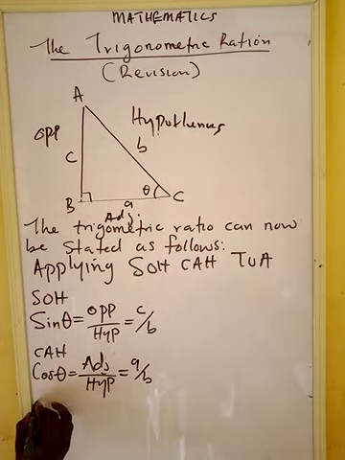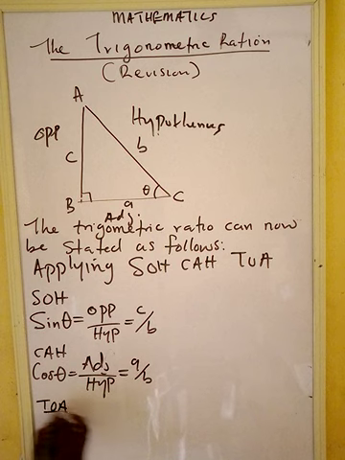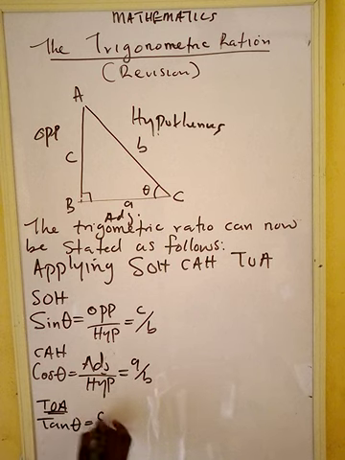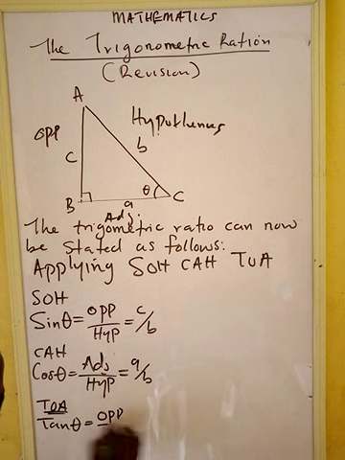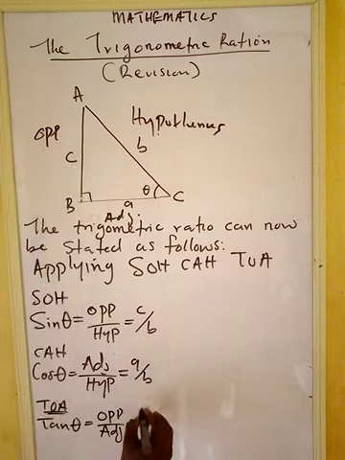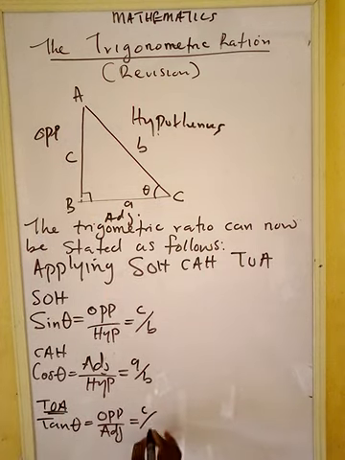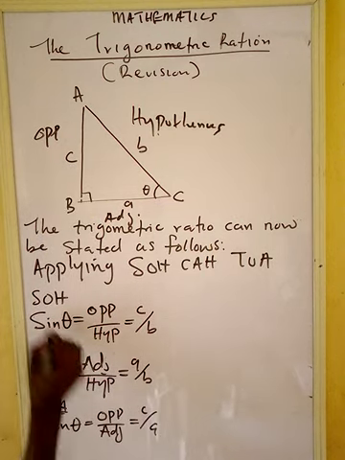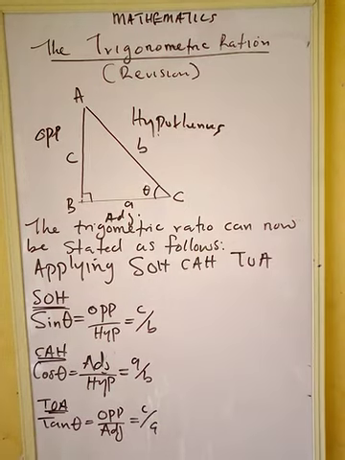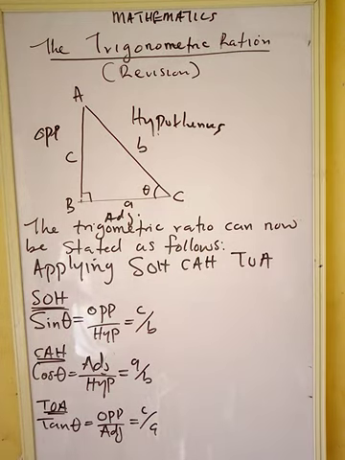TOA means tan theta equals opposite over adjacent. Our opposite here is C, then our adjacent is A. So that is the three trigonometry ratios that we have.